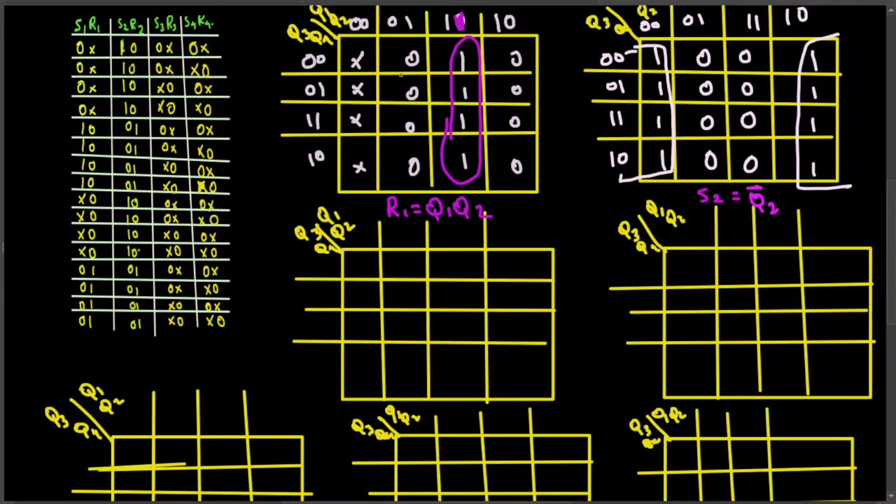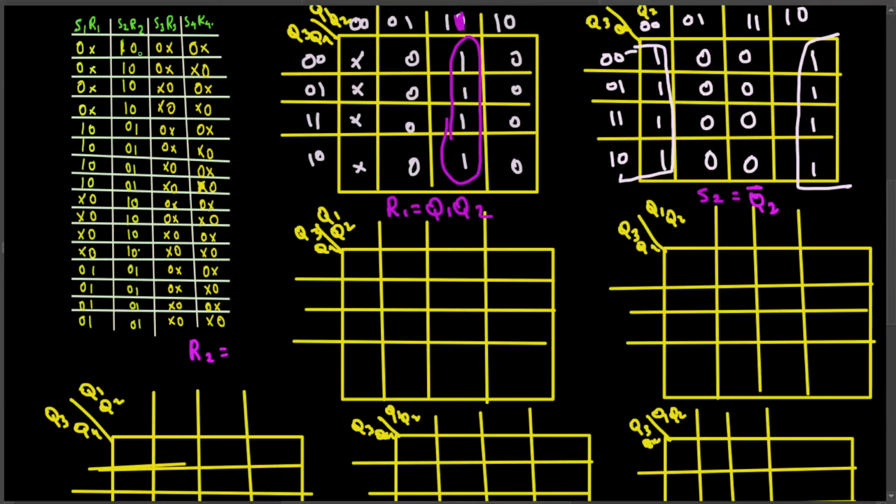We have taken care of S2. The next one is R2. Let's put the R2 over here, and let's write the truth table for the R2 that we found out.